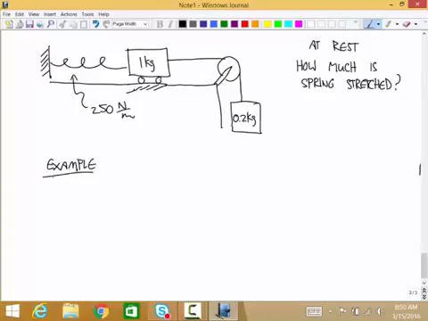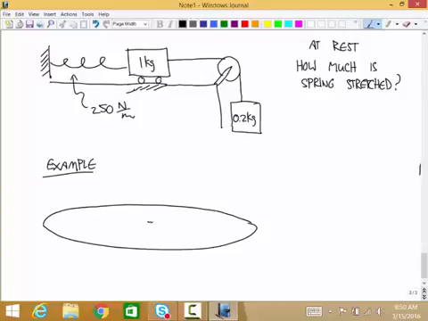Okay, so now let's say that we have a cart swinging around a circular path. And it's connected to the center of the circle by a spring. And the mass is 100 grams.